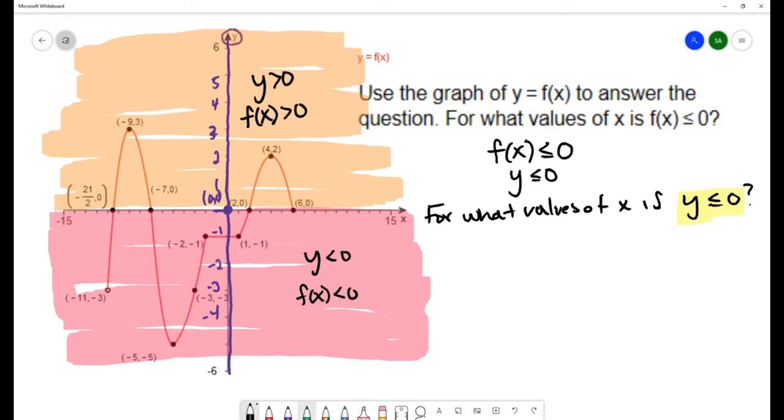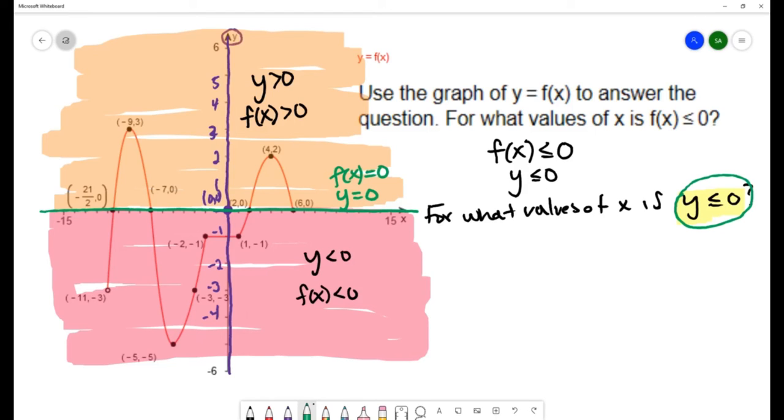And let's use green. Right on top of the x-axis, that is when y is equal to 0, or f of x is equal to 0. So when we're looking for y to be less than or equal to 0, that's going to be any points that are on top of the x-axis or below the x-axis.